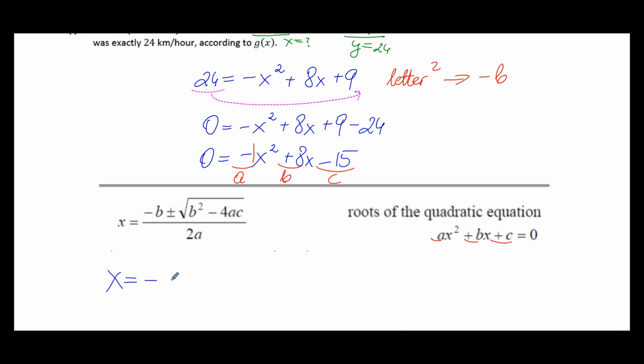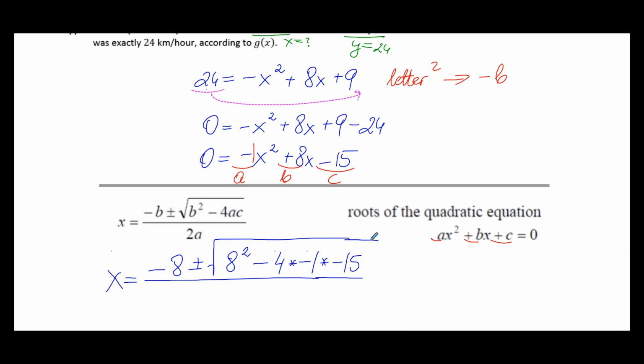So x equals a fraction line. When you are putting the minus b formula in your calculator, start with the fraction line. So we have minus, then the b value, our b is 8, then plus minus, because we are going to be running that in two versions, b again, which is 8 to the power of 2, then we have minus 4, multiplied by the value of a, in our case minus 1, multiplied by the value of c, in our case minus 15, and everything is divided by 2 multiplied by a again, which is minus 1.